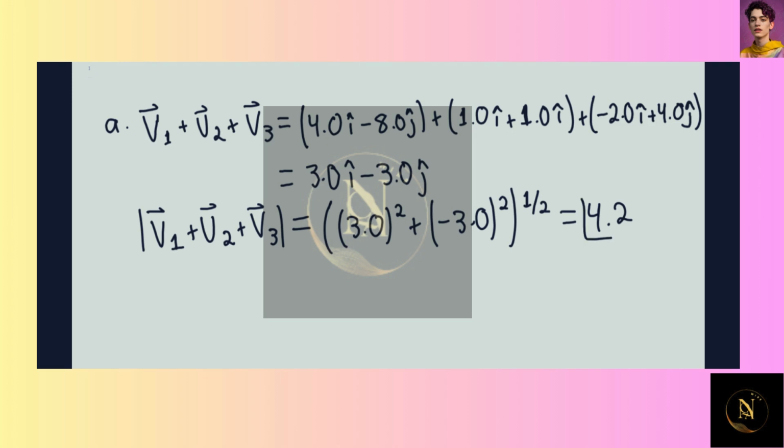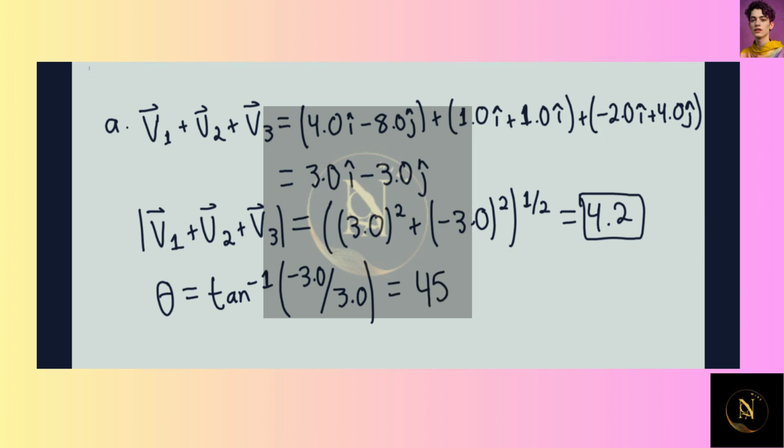So that would be the magnitude, and then the direction would be equal to arctan of the y component, negative 3.0, divided by the x component, 3.0. This is going to be equal to 45 degrees.